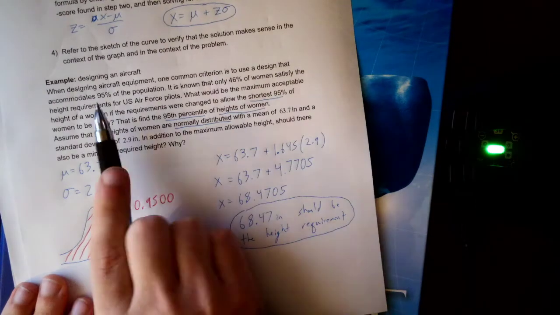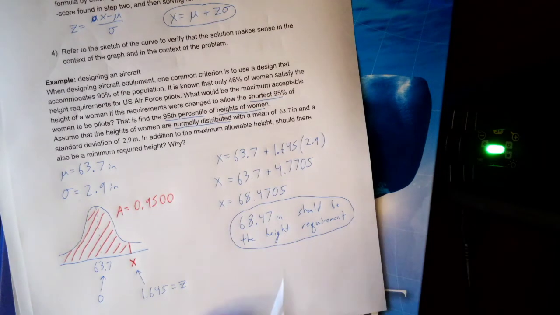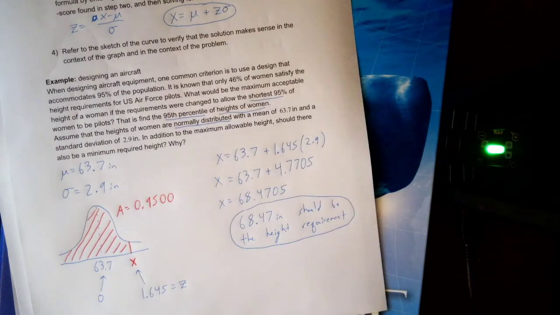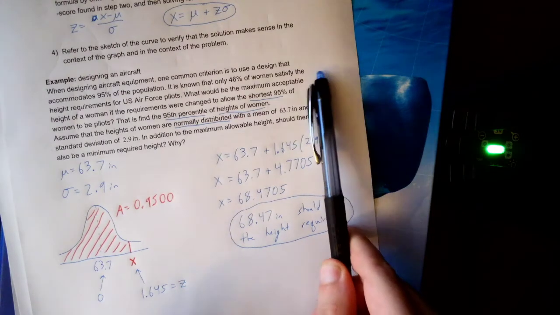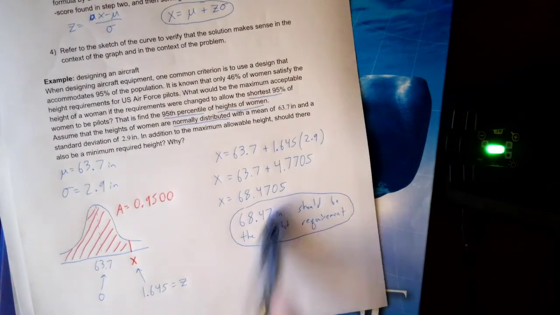So if I want to accommodate 95% of the female population, this is the maximum height, and then I can consider a minimum height as well, but the question doesn't ask me to calculate that. But it's good to think about, right? It's always good to think about these things, because if you're ever making design decisions, you always want to think about both the maximum parameter and the minimum parameter, right? We just found a maximum, though.